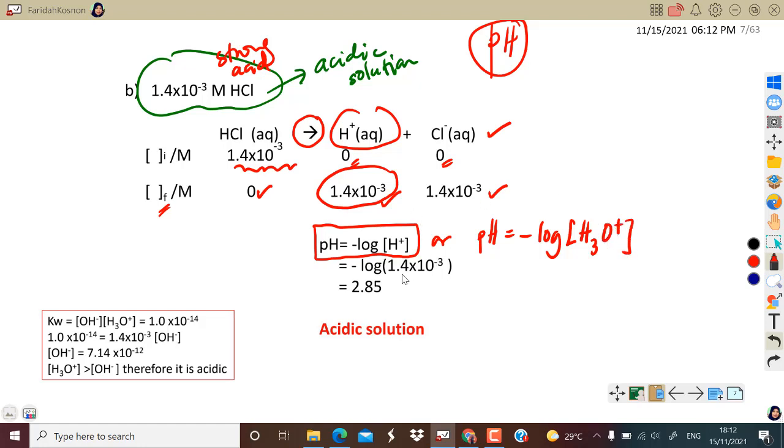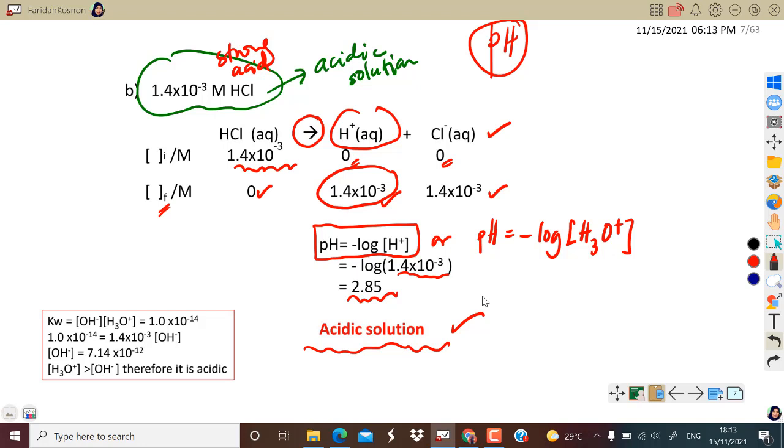Okay, masukkan nilai 1.4 times 10 to the power of negative 3 into the formula. You will get the pH around 2.85. Jadi, kalau pH larutan acidic itu, dia mesti kurang daripada 7. Therefore, as a conclusion, HCl is an acidic solution.